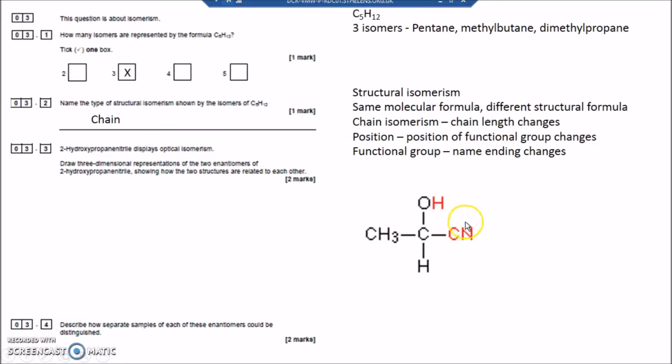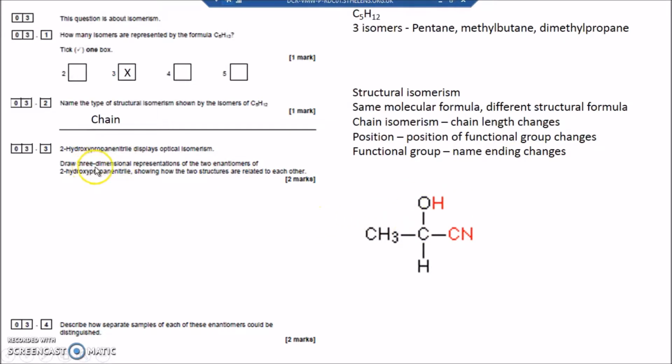So I've got 3 carbons in the chain. This is a nitrile, and since this ends in the word nitrile, and by the way, the C of the CN is always number 1, because this group is always at the end of a chain. This makes this number 2. And since I've used the ending nitrile, I need to name this as a group, a hydroxy group.